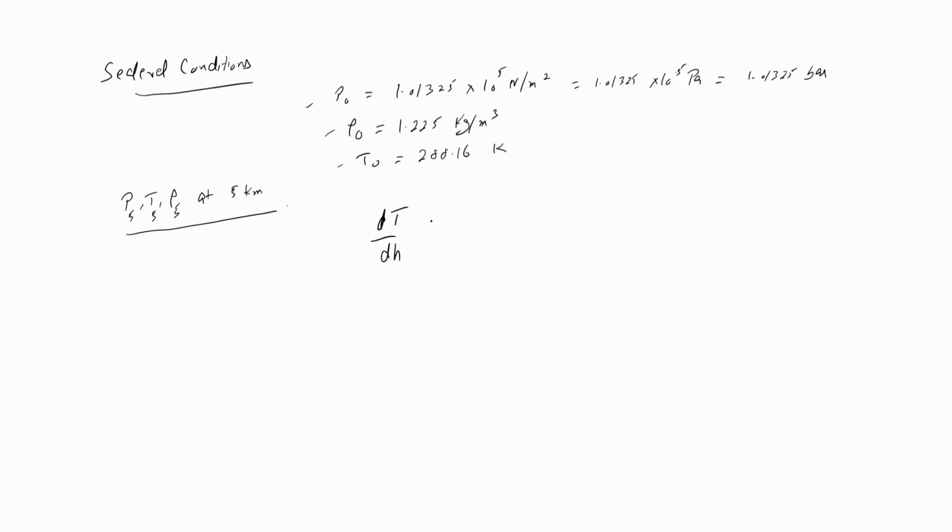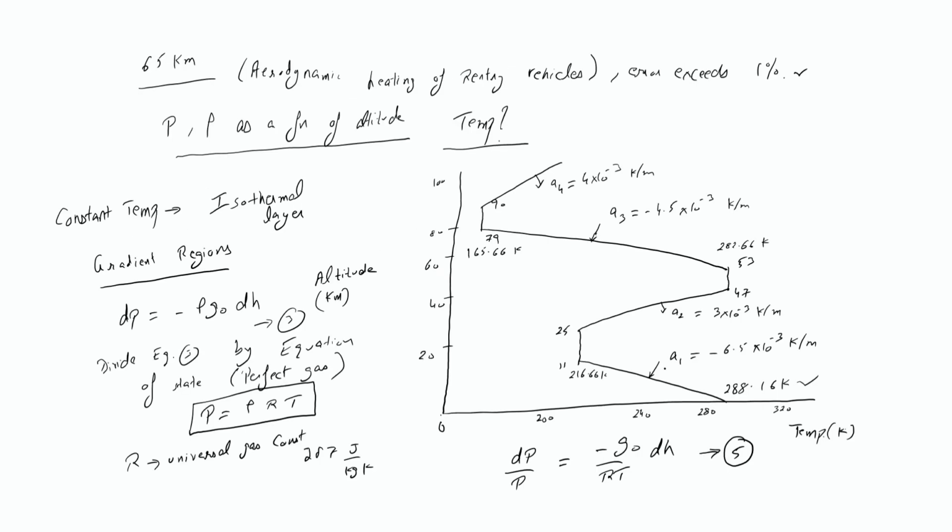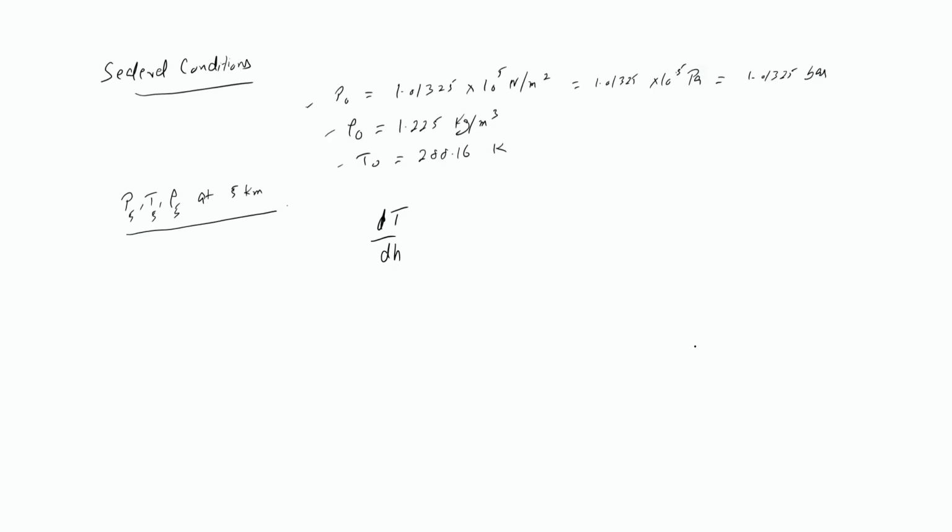What was dT upon dh? This was A1. So this is the slope. dT upon dh equals temperature at 5 minus temperature at 0 kilometers, upon altitude at 5 minus altitude at 0. Remember, the altitude we are talking about is geopotential, not geometric.